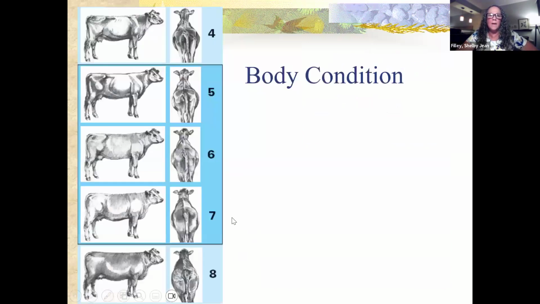It will affect the body condition of that animal. So if it's already in good condition and you're feeding it well, not too much, not too little, it should maintain its body condition.